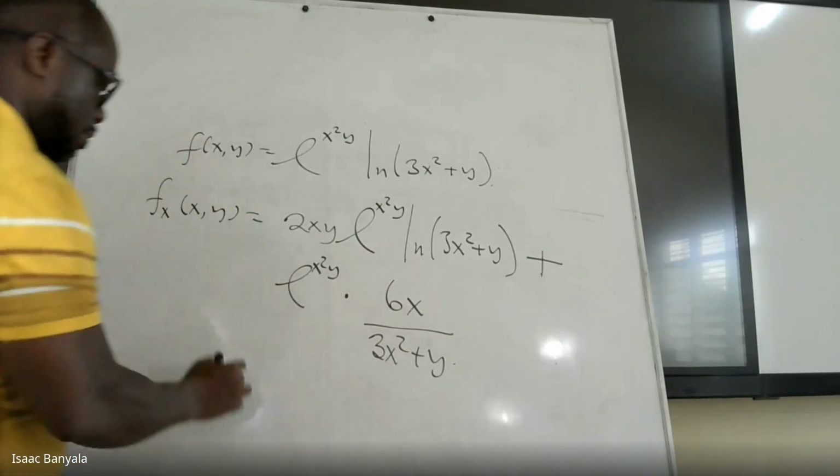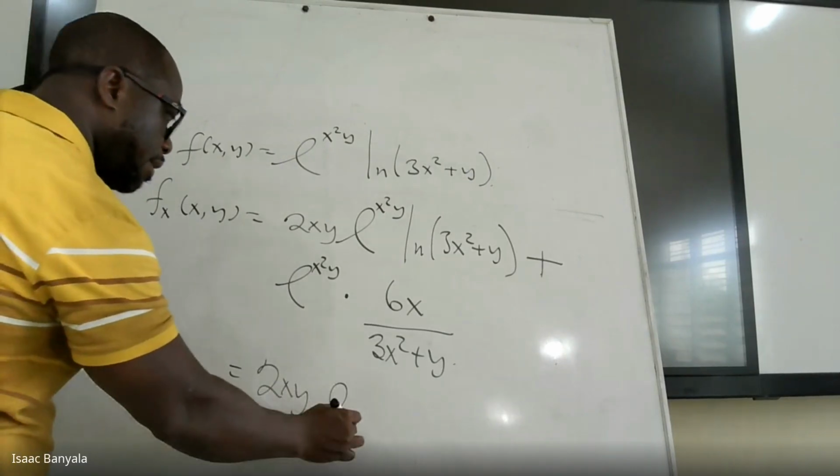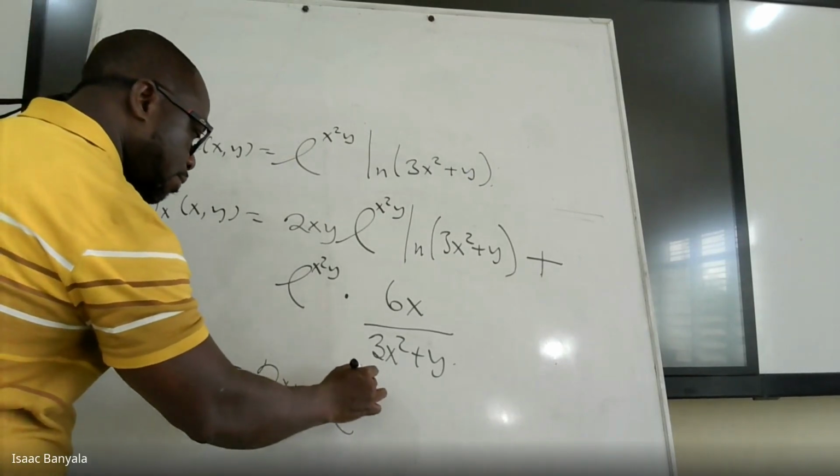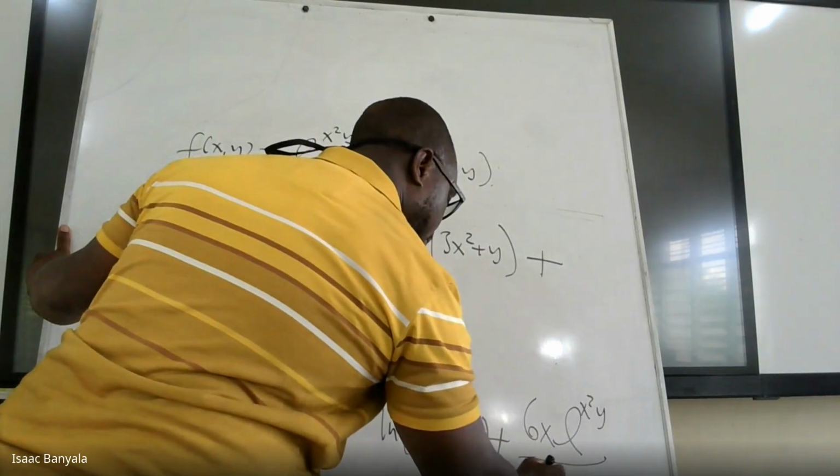So our final answer is 2xy e to the x squared y ln of 3x squared plus y, plus 6x e to the x squared y all over 3x squared plus y.